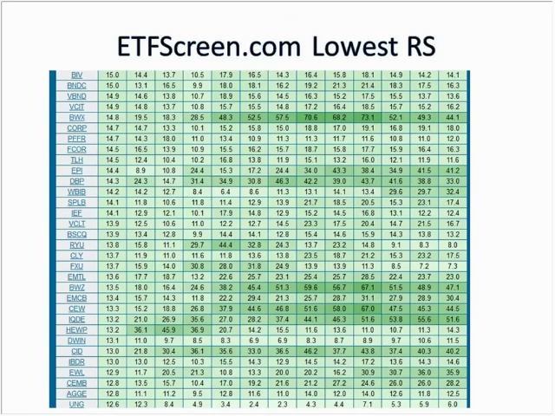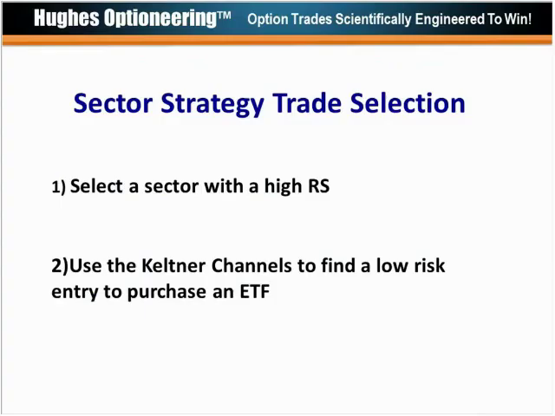So this is a great website to just quickly find out the strongest sectors, and we like to trade those sectors. So we go to this website, we find a sector with a high relative strength if we're going to take a long position, and we usually like to see the relative strength at 90% or higher so that we can trade the sectors with the highest relative strength.